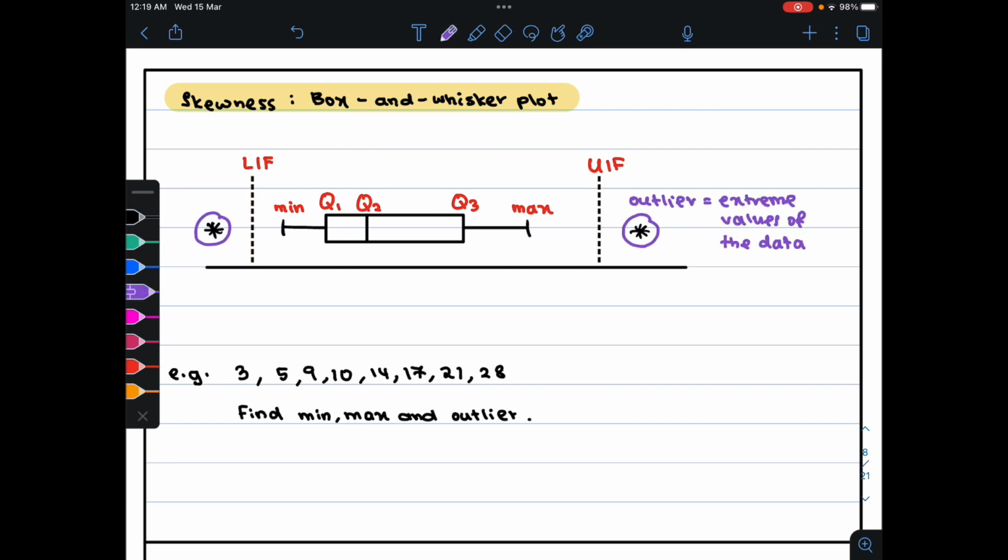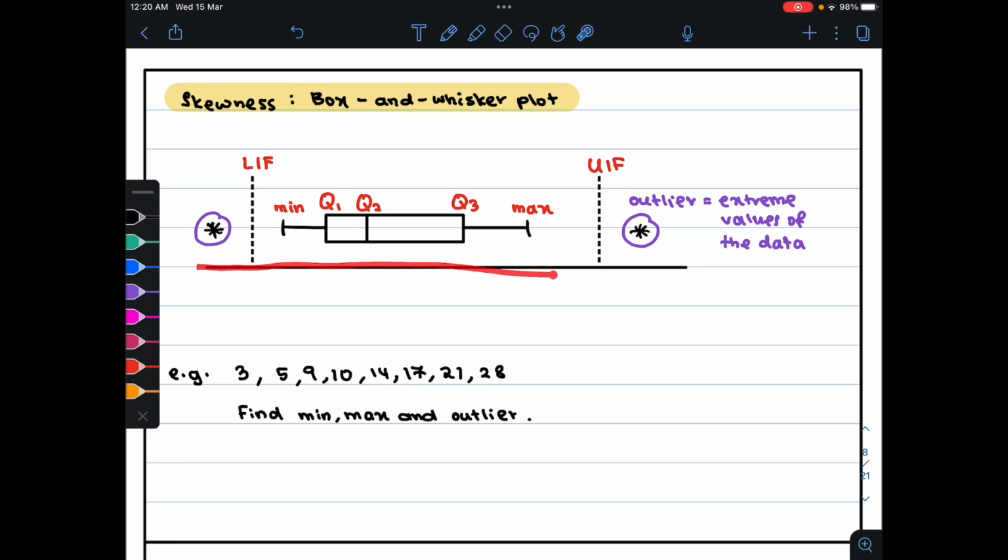And the outlier is the extreme value of the data. Say for example, I want to find the height of students in a classroom. So sometimes you may have one or more students who are very short compared to the rest of the students, or maybe someone who is very high or very tall compared to the rest of them. So those students will be called the outlier or the extreme values of the data, since the height will be outside of the fences.